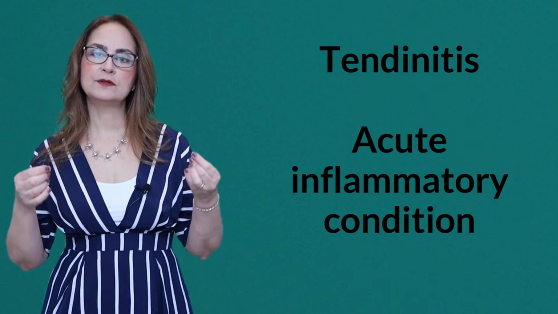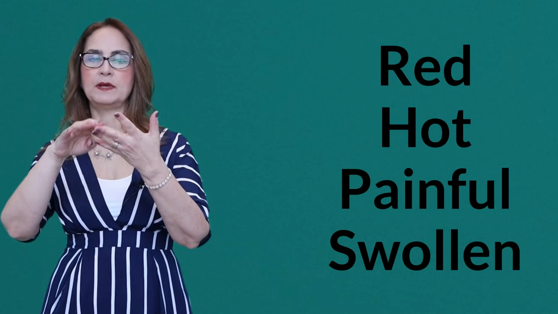Tendinitis is an acute inflammatory condition, and if we examine the tendon, we will see signs of inflammation, which are red, hot, painful, and swollen. In contrast, in tendinosis, we don't see inflammation, but a state that the collagen in the tendon is disorganized and degenerated. Tendinosis does not cause swelling, redness, or heat. It may or may not be painful.